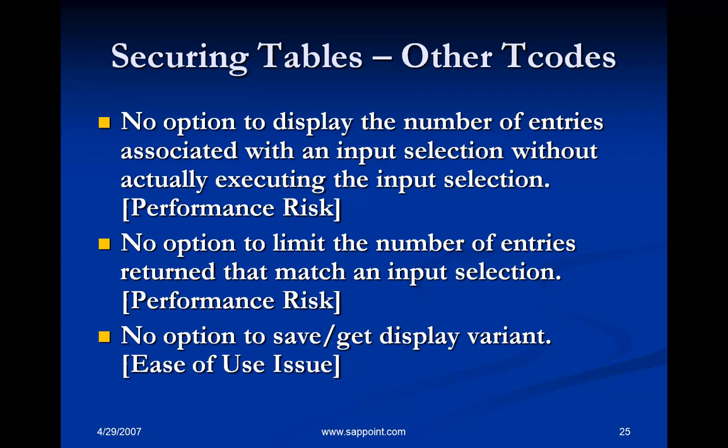Now, why don't they prefer these transaction codes? Because there is no option to display the number of entries associated with an input selection without actually executing the input selection. So you cannot limit the number of records that you want to extract in the selection criteria, whereas in SE16 you could do that.